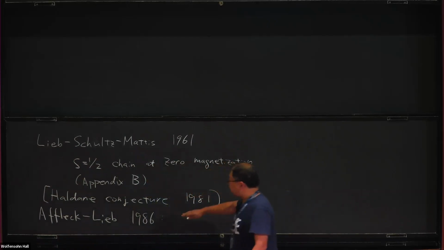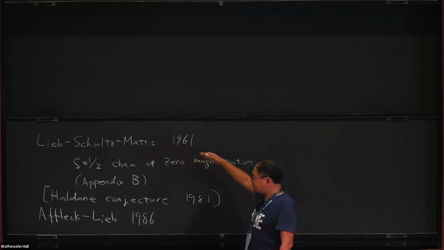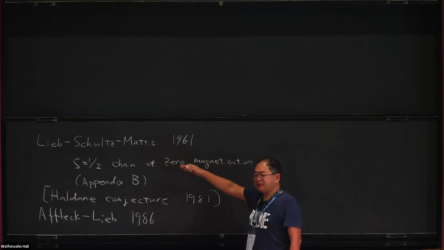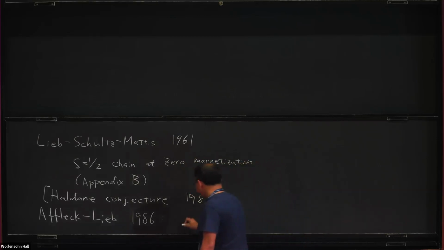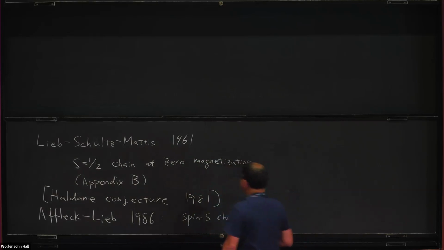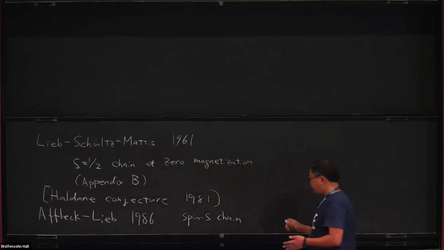And they applied the same argument for a general spin chain with arbitrary spin quantum number. So this shows that the translation invariant spin S chain must be either gapless or have a doubly degenerate ground state at zero magnetization.